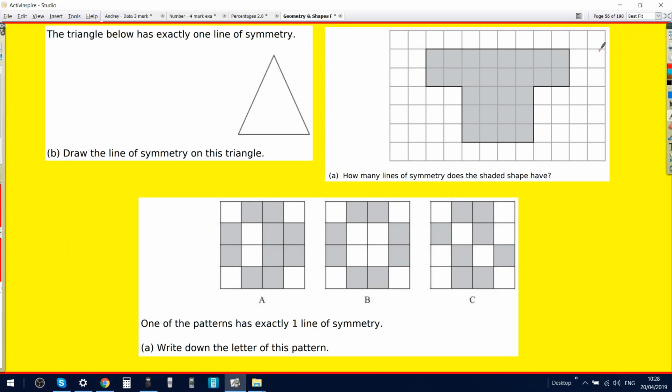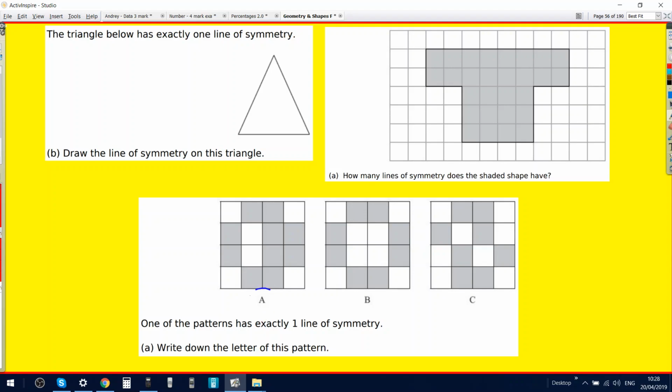How about the one down here? One pattern has exactly one line of symmetry. Is it A?